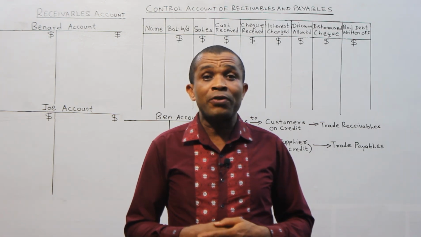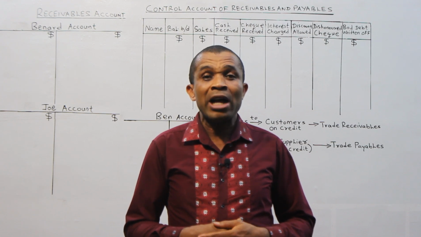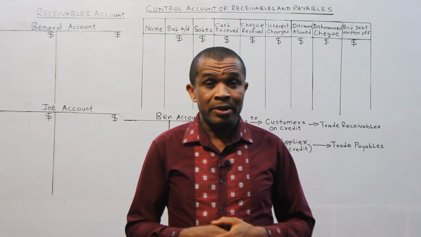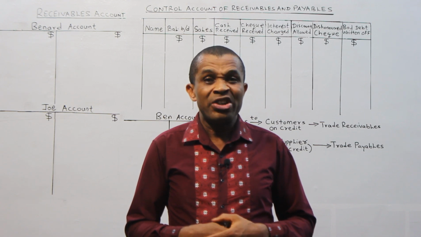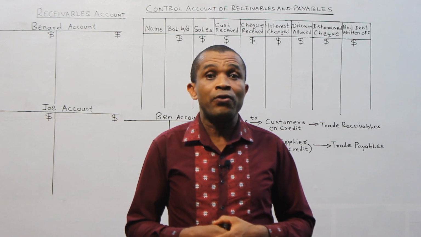In our preparation of the control accounts, we are going to approach them one after the other. Firstly, we are going to be looking at the control account of receivables, with reference to individual receivables accounts.